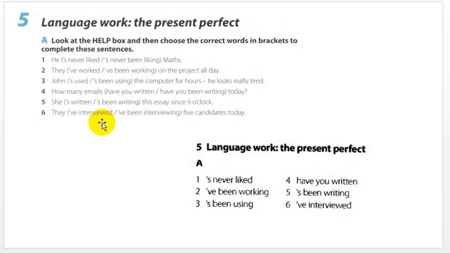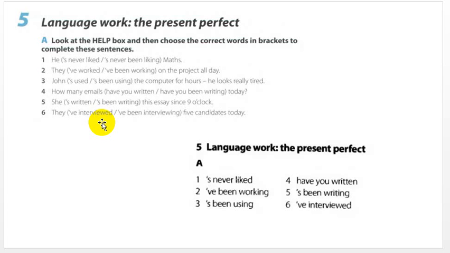The second one: they have been working on the project all day. This is present perfect continuous tense. The present perfect continuous tense expresses an action which started in the past, is continuing in the present and may continue to the future. Okay.